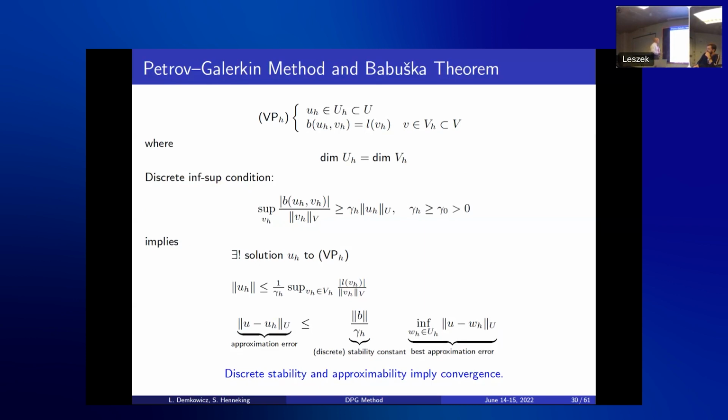Under that assumption, you have existence of a unique solution. That's not a surprise. It's a particular case of the previous theorem. But additionally, you have the famous result of Ivo Babuška that the approximation error is bounded by the best approximation error times the stability constant. Ivo actually proved a weaker version of the theorem with 1 plus.